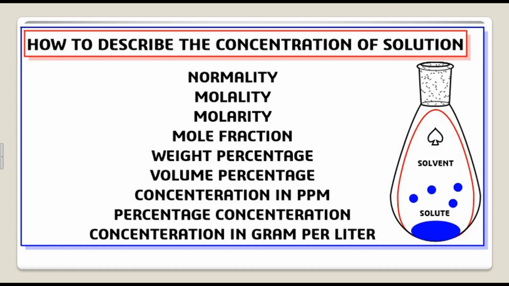The concentration of a solution is expressed by normality, molality, molarity, mole fraction, weight percentage, volume percentage, concentration in ppm, percentage concentration, and concentration in gram per liter. These are all the ways you can express the concentration of a solution. We'll see them one by one.